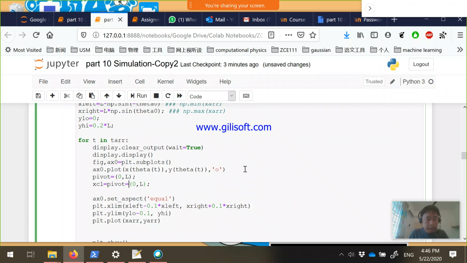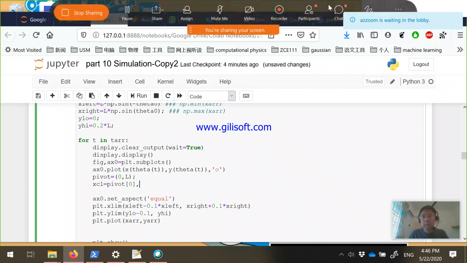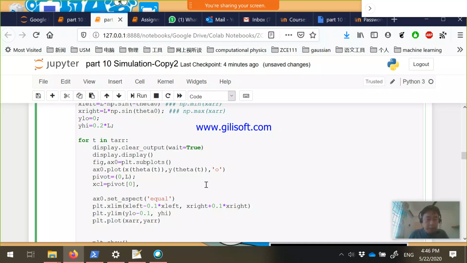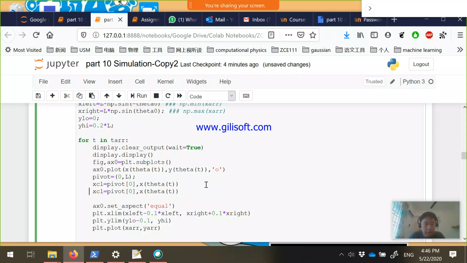The first number is the 0 component of the pivot point, and the second component is x theta, as a function of t. So that gives me the x coordinates. Now I need another collection of y, which is the pivot's L, and this should be y.